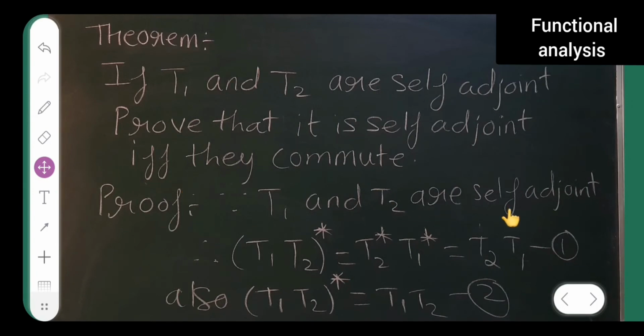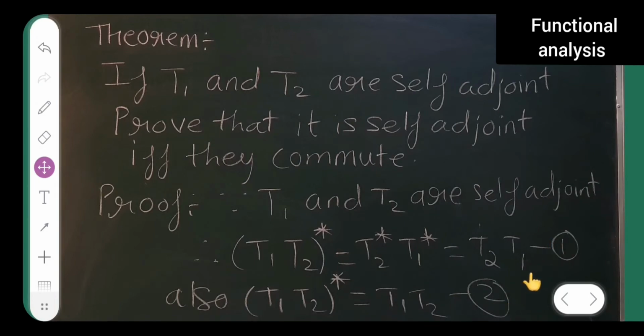Since T1 and T2 are self-adjoint, which is given here, therefore I can say (T1 T2)* is equal to T2* T1*, which is nothing but T2 T1. Take this as 1. Also (T1 T2)* is equal to T1 T2, and take this as 2.